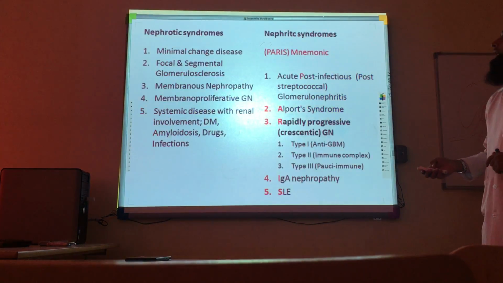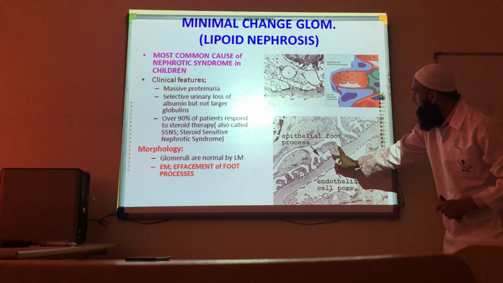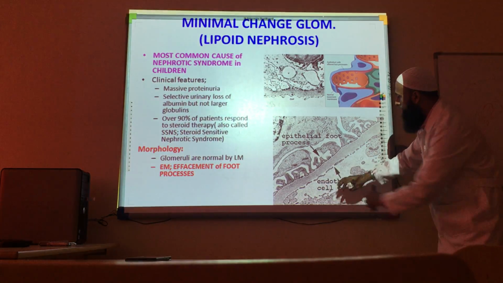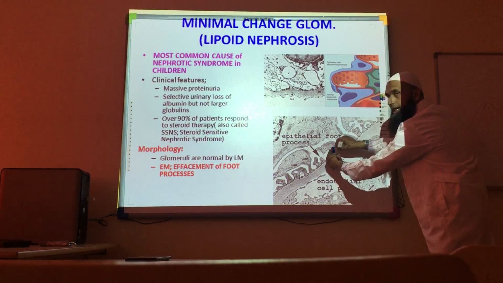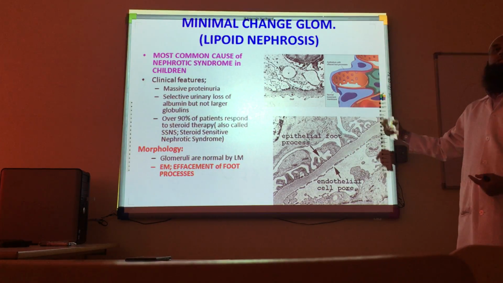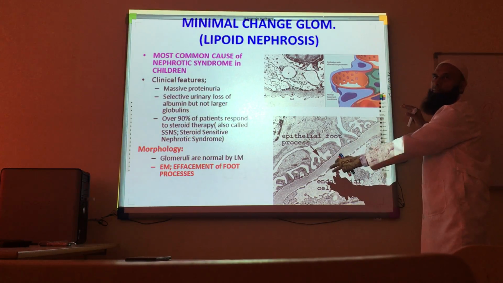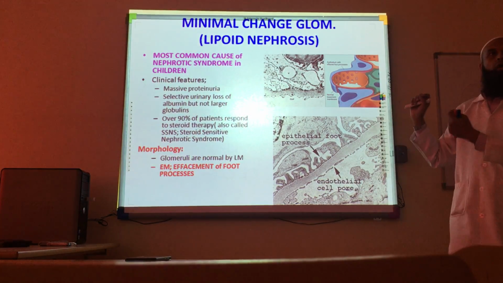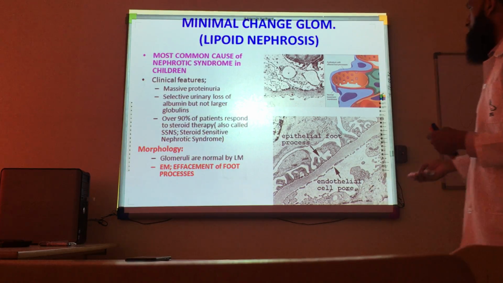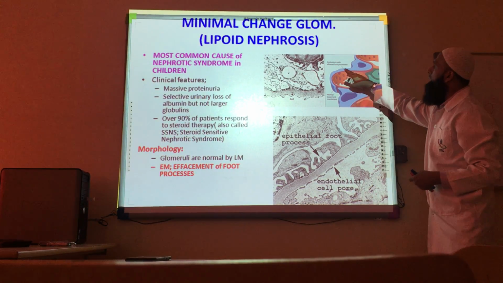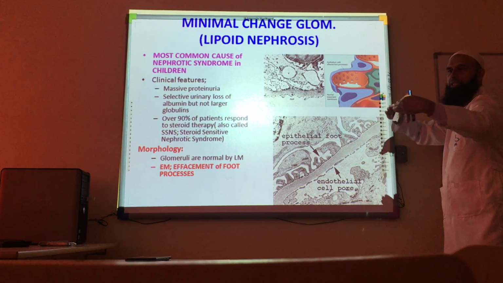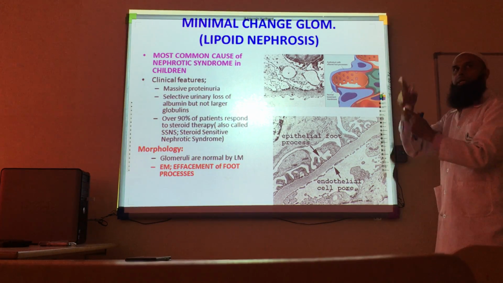They are getting dilated. It depends on severity: the more severe the minimal change, the more effaced they will be. This is the only finding we can see in minimal change disease. Here you can see the foot processes are totally effaced, not the regular spikes.